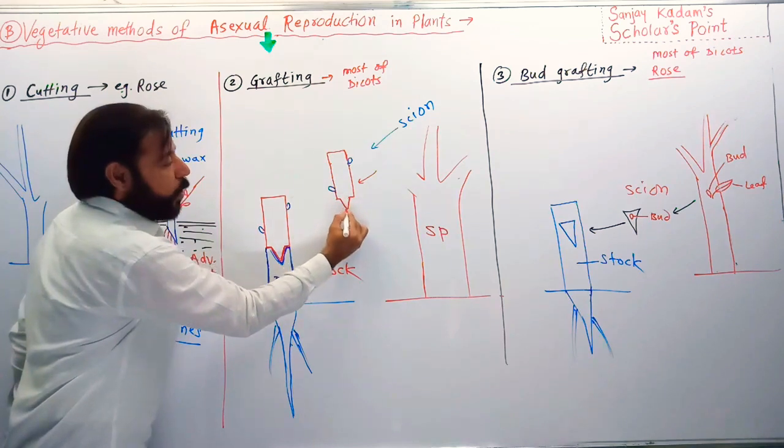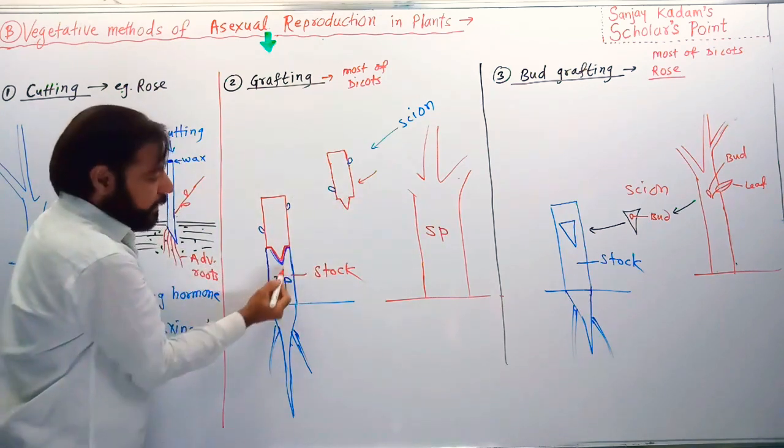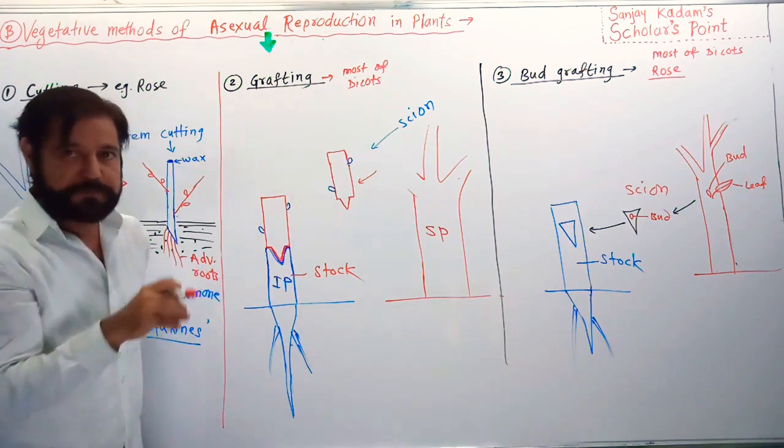Scion has an outgrowth-like projection, and the stalk has a depression or notch.